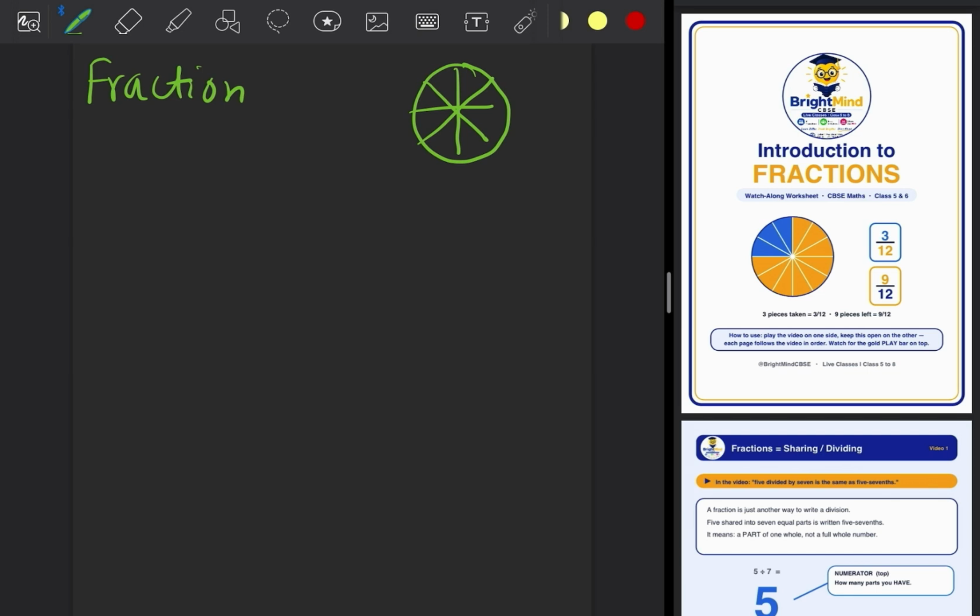If yes, then you have already used a fraction in your real life. A fraction shows a part of a whole. So let's understand fractions in a very interesting way.